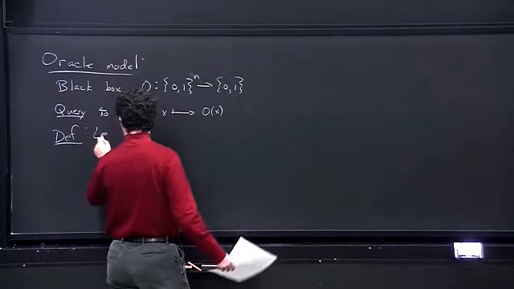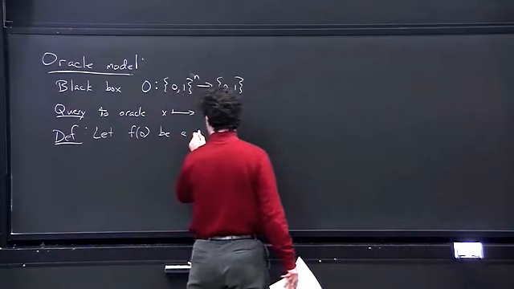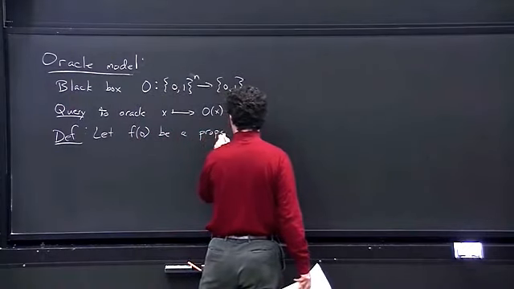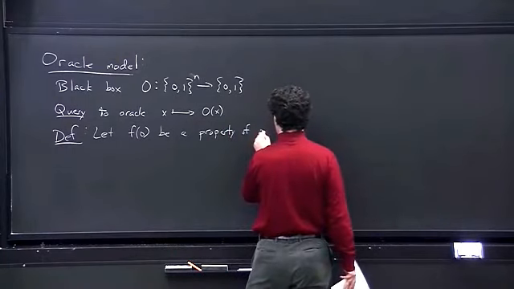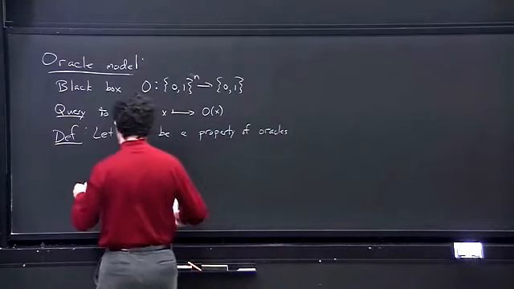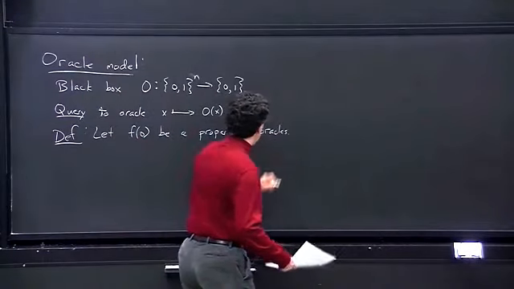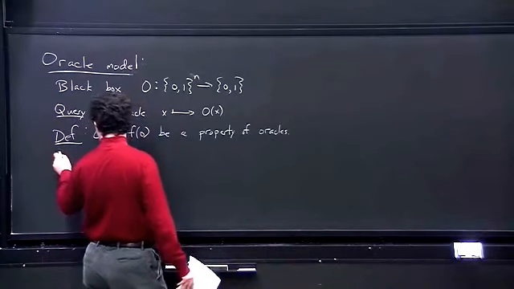So let f of O be a property of the oracle. And then in this oracle model, we compute something called the query complexity of this property.